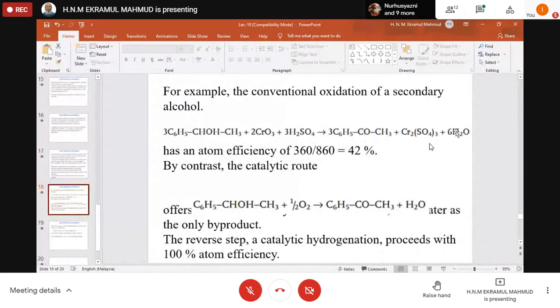That means this one, this one, this one together. Now, if you can minimize this one, your production will be 100% of this production. That means your product is giving an atom efficiency of 100%, if you have 0% of this.